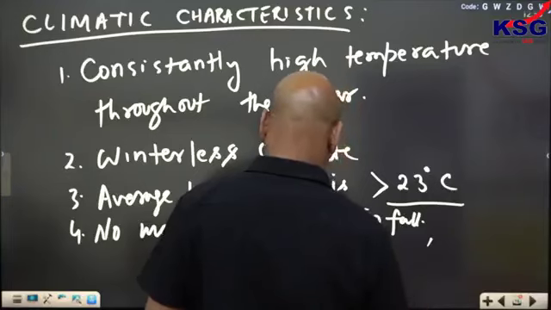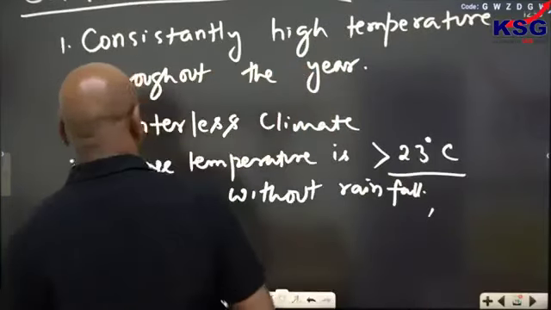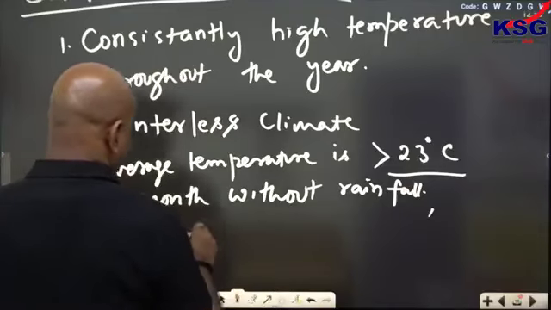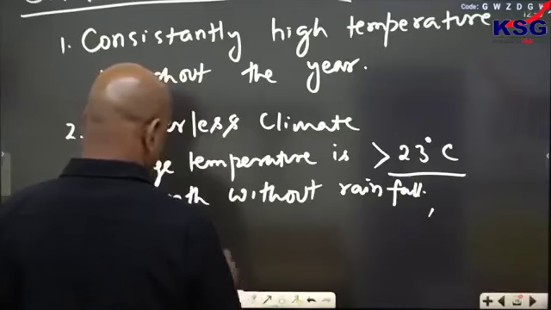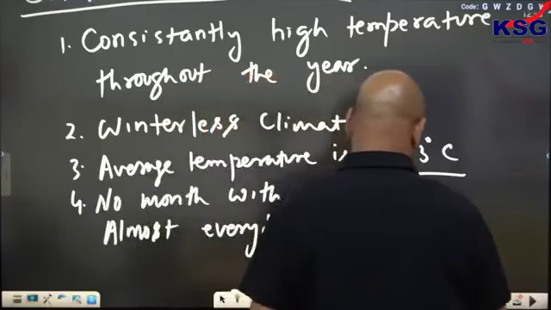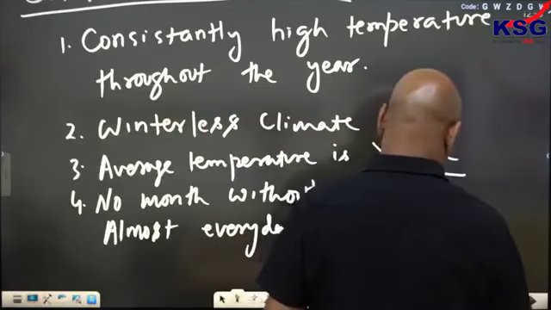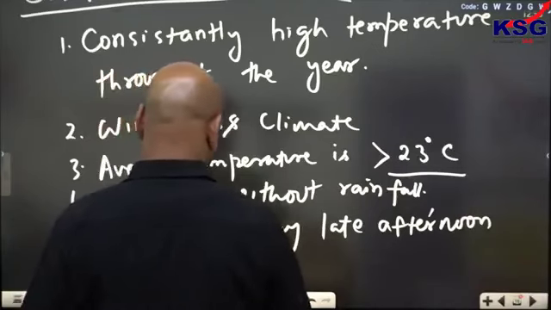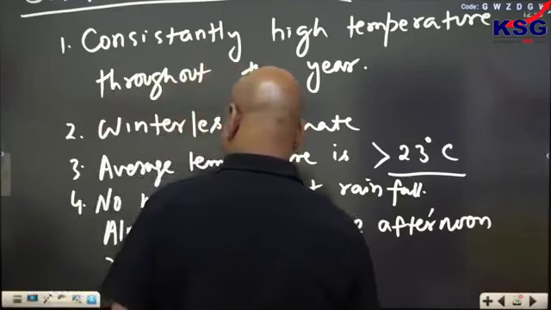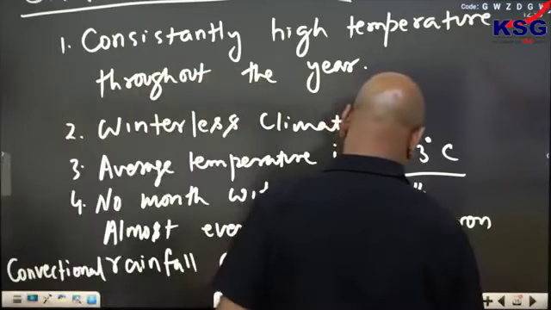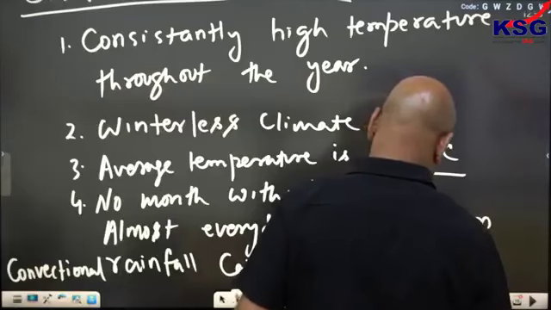That is, almost every day, late afternoon rainfall, called convectional rainfall, called as 4 o'clock rain. 4 o'clock rain.